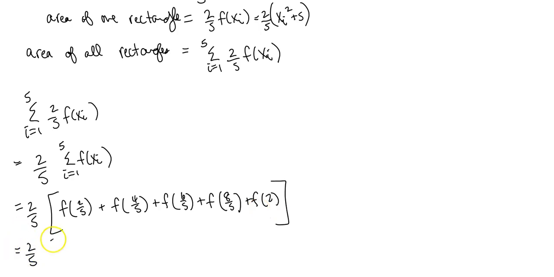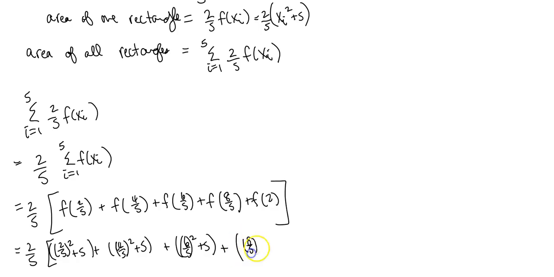So this is 2/5 times 2/5 squared plus 5, plus 4/5 squared plus 5, plus 6/5 squared plus 5, plus 8/5 squared plus 5, plus 2 squared plus 5.